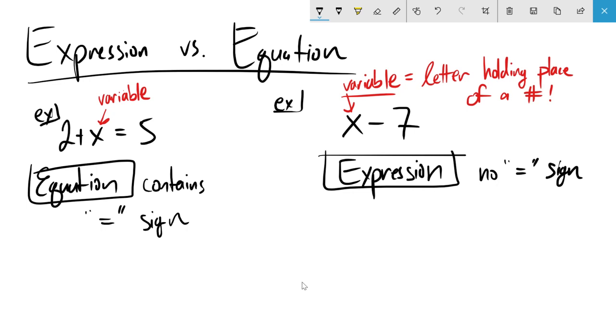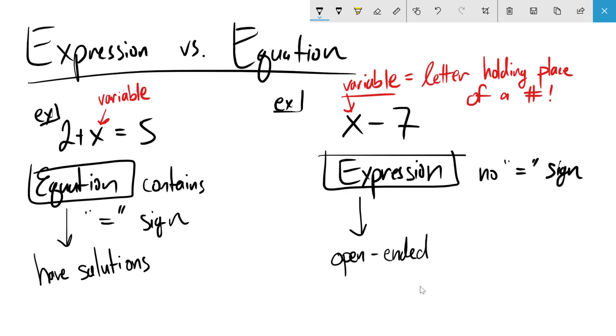So the thing about equations is that equations typically have solutions, right? Whereas expressions are much more open-ended. You know, there is no fixed value for that expression on the right-hand side.